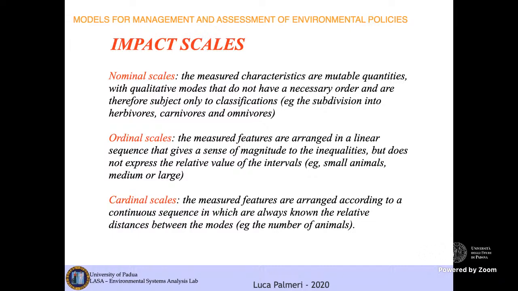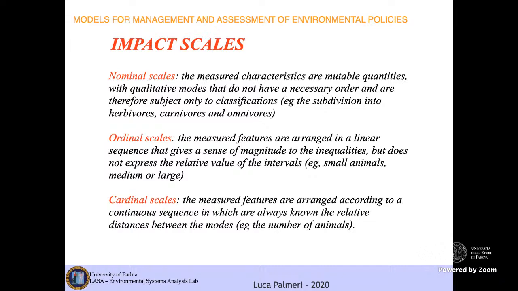For example, you may subdivide into herbivores, carnivores, and omnivores. Typically in biology, you employ nominal scales linked to the classification in different classes. So you use the name of the classes to build the nominal scale.